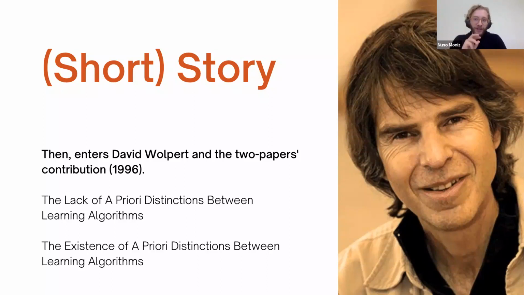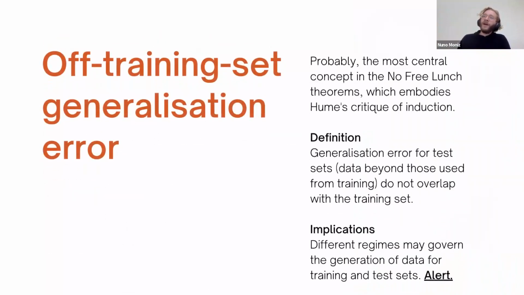We will be focusing on the lack of a priori distinction between algorithms. The most important concept here is off-training set generalization error. This is important because it's the most critical concept in translating David Hume's idea to machine learning.